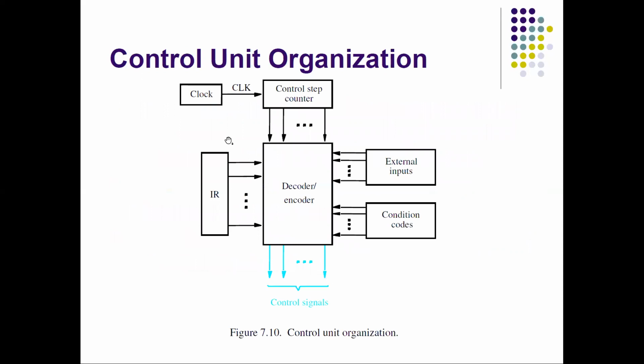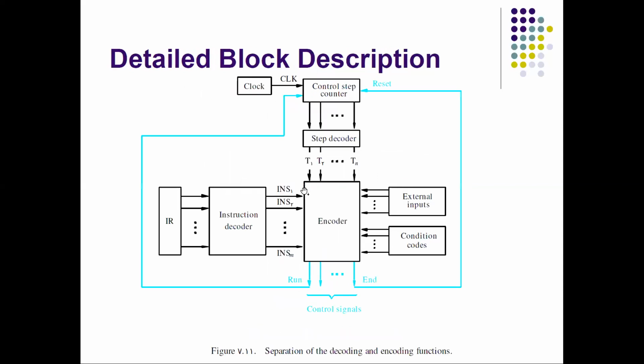Let us see the control and organization of the hardware control unit. We have an encoder decoder here, which takes input one from the instruction register, one from the control step counter, which is governed by this clock. There might be some external inputs or some condition codes. We say it's an encoder and decoder because it can be viewed here in detail.